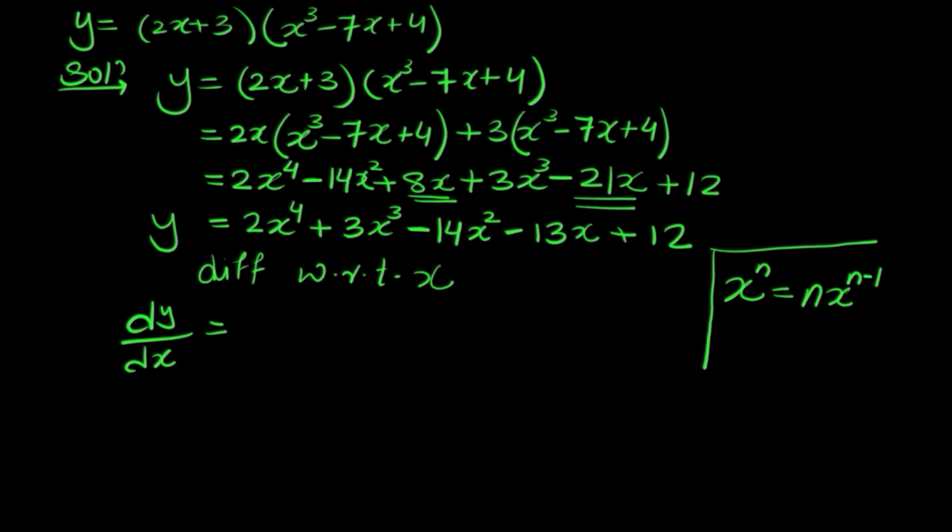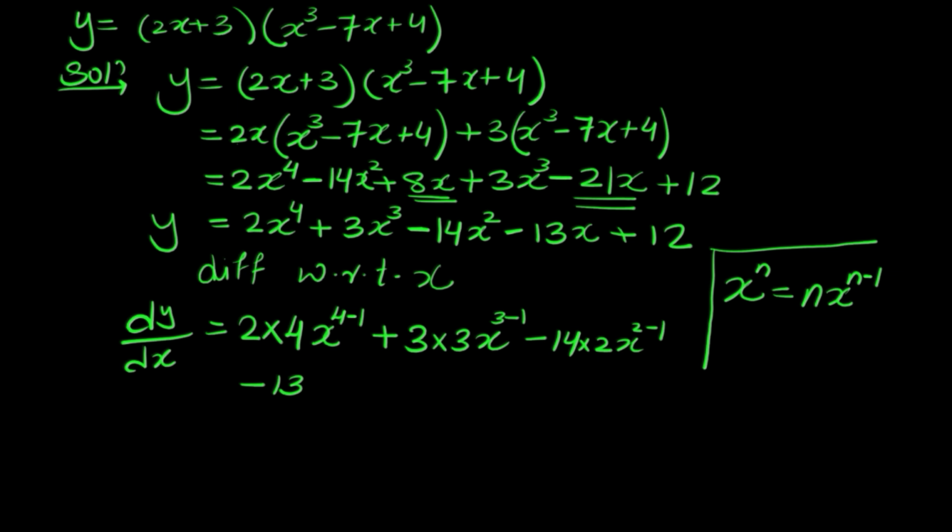Similarly, we use here 2 as it is, x raised to 4, 4 becomes a multiple and we have 4 minus 1. Second one plus 3 as it is, the derivative of x cubed is 3 minus 1, minus 14 into x squared is 2x, so 2 x raised to 2 minus 1, minus 13.